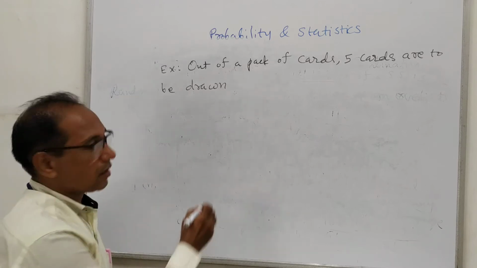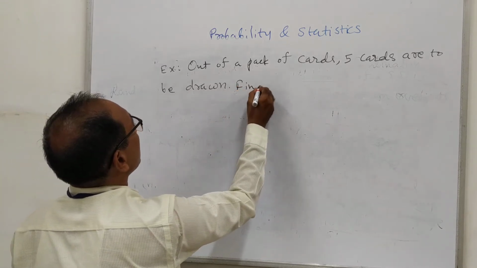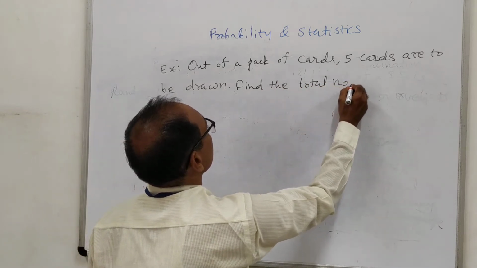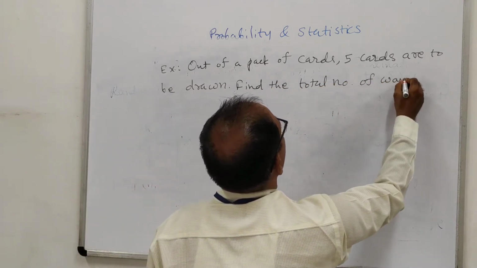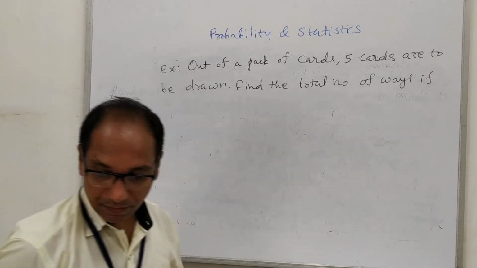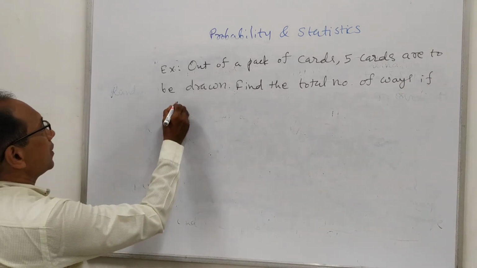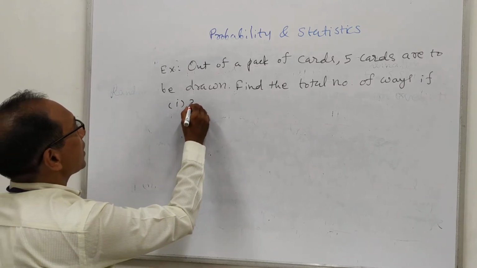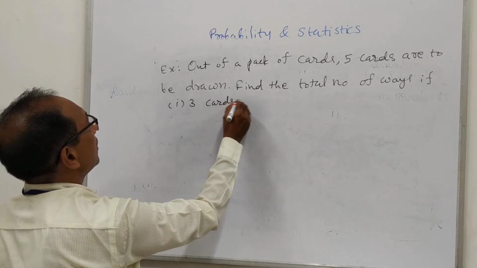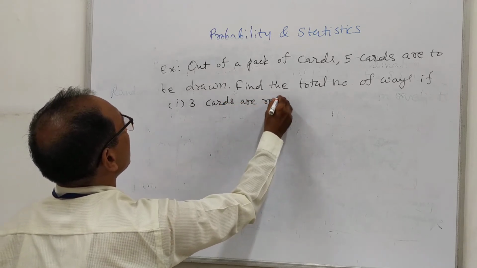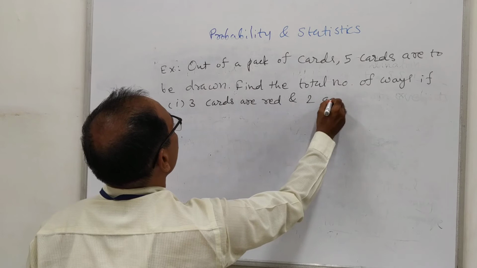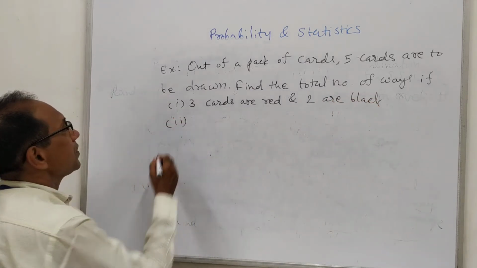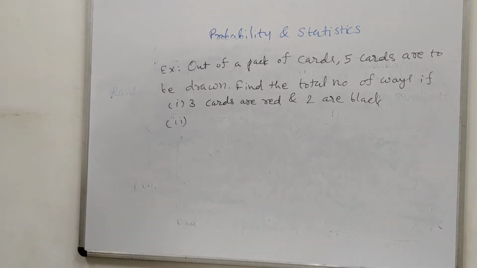Find the total number of ways if 3 cards are red and 2 are black. We will see different kinds of questions from this. So before writing the second question, first we will solve the first question.